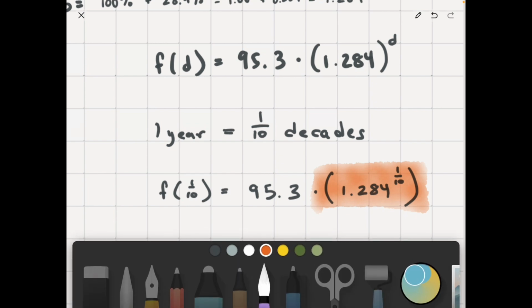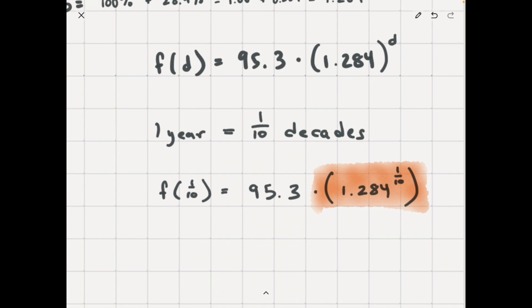So if I calculate this, if I do 1.284 raised to the 1/10 in my calculator, what does this give us? So I'm going to type in 1.284 raised to the 1/10 or 0.1.